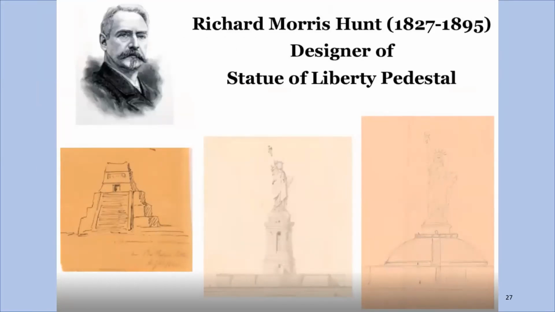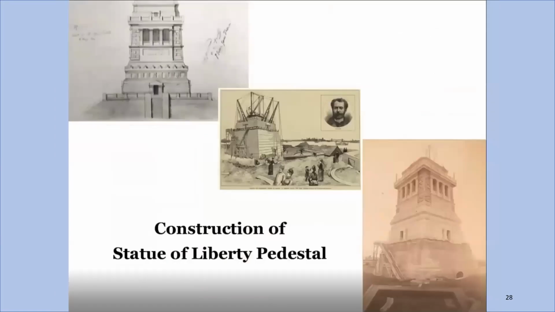One had a Native American feel, you can see that on the left. The one in the middle had kind of an Egyptian feel to it. The one on the right had more of a Roman feel. But eventually they ended up blending the designs together and coming up with the one that you see today.